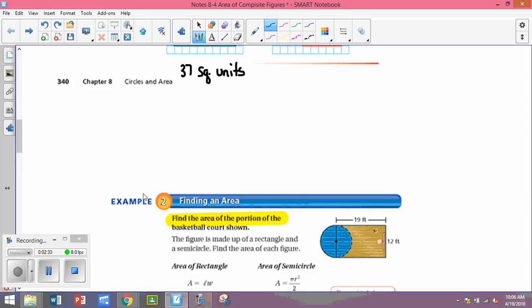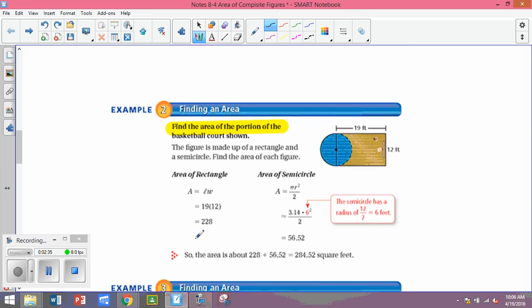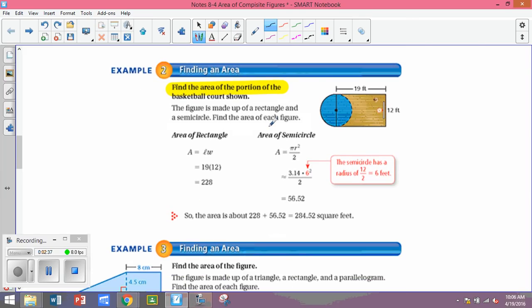Okay, the main way to find area of an irregular figure, a composite figure, they used to be called irregular figures years ago, is to find the area of the portion using shapes that you know. So you want to find the area of the key of a basketball court.